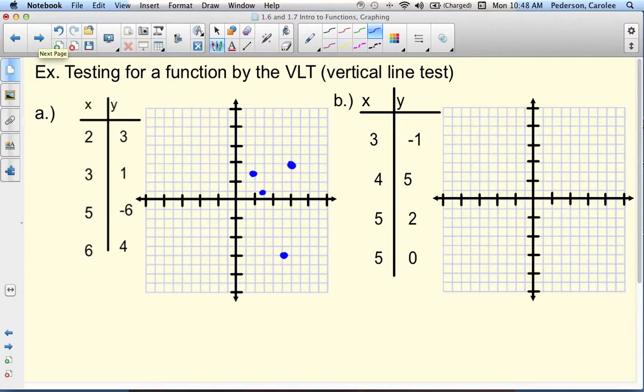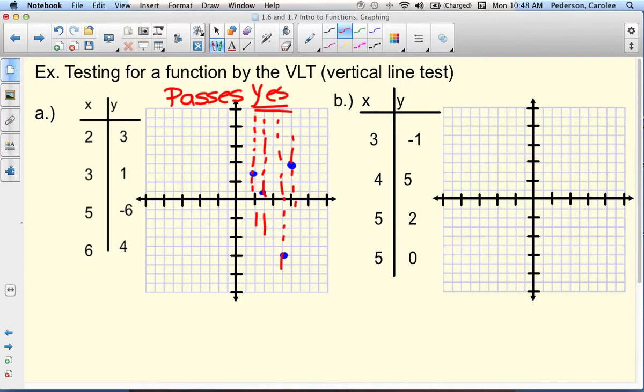And what happens is these pass the vertical line test. If I draw an imaginary dotted line here, touches once, touches once, touches once, touches once. So this passes the vertical line test. So yes, it is a function.